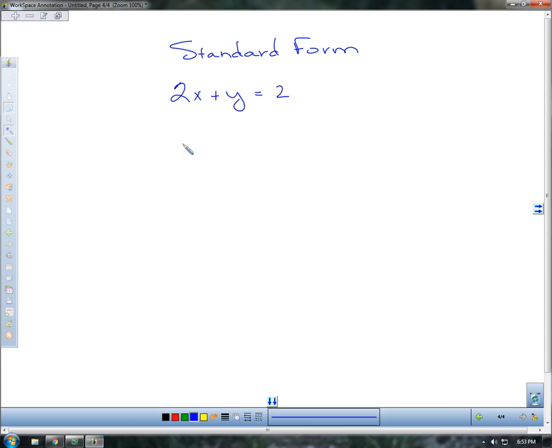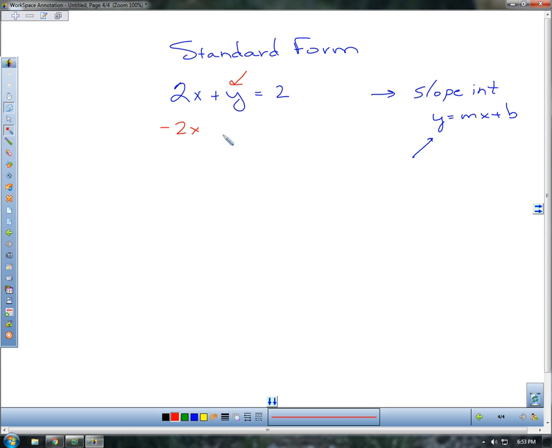So what if I wanted you to go to slope-intercept form, which is y equals mx plus b? Well, all I need to do is get y by itself. So if I'm solving for y, I'm going to subtract that 2x, and I get y equals negative 2x plus 2.